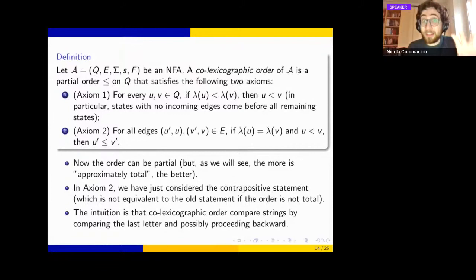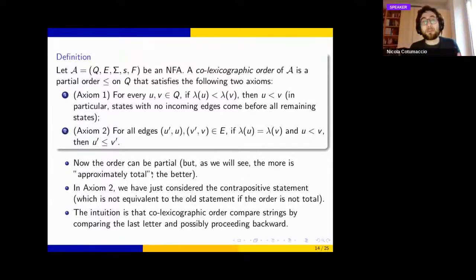And the reason why this definition is more general than the previous one is that now it can be shown that every single automaton admits some ordering with these properties. And the intuition is that, as one may expect, the reason why this always works is that now the order does not need to be total, it can also be partial.